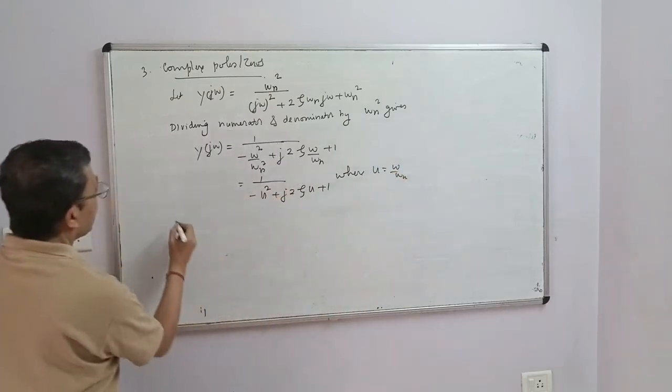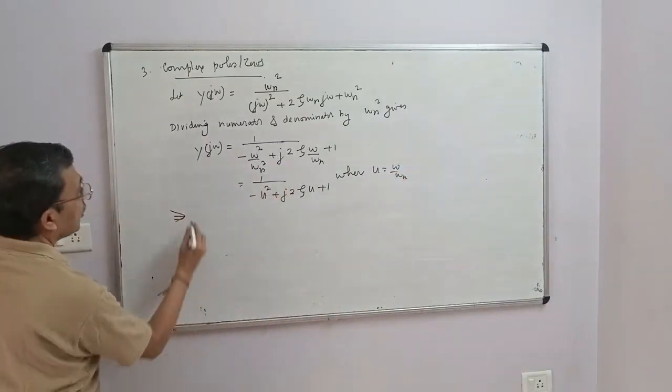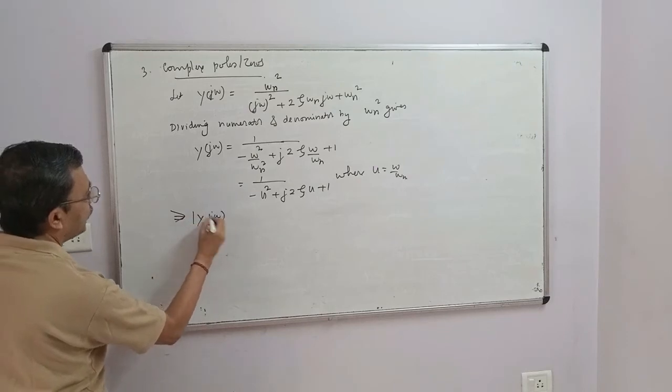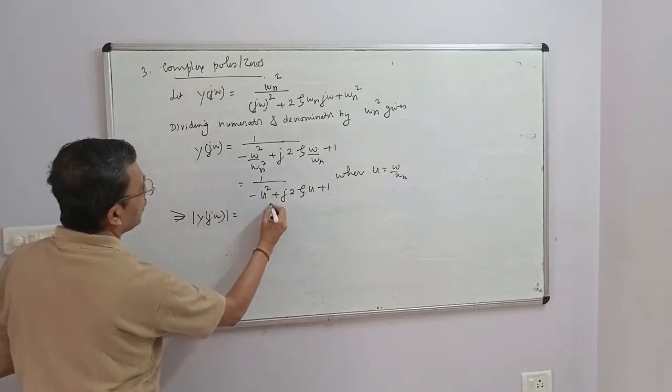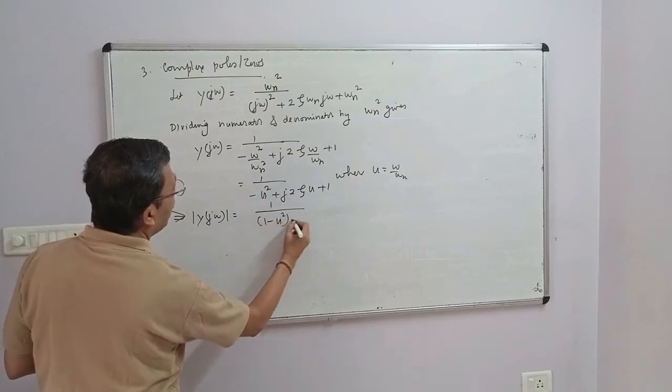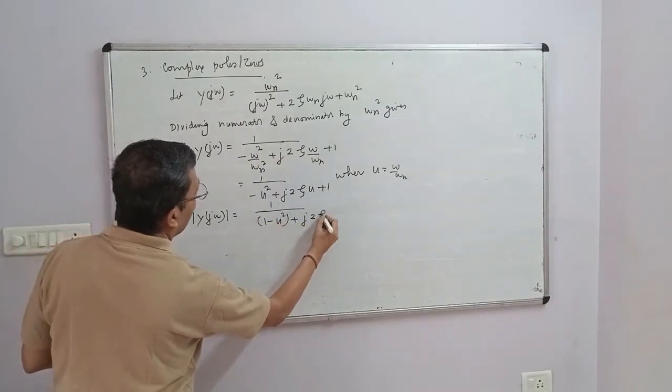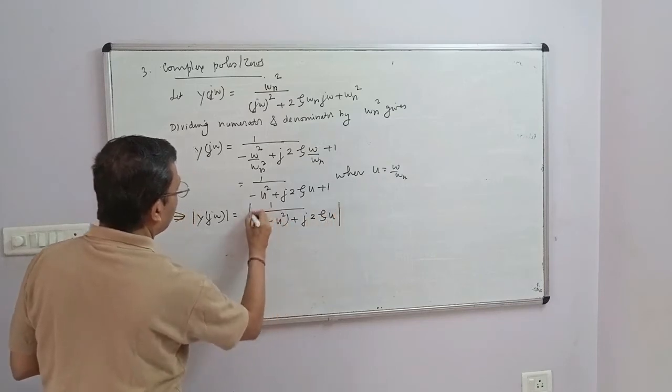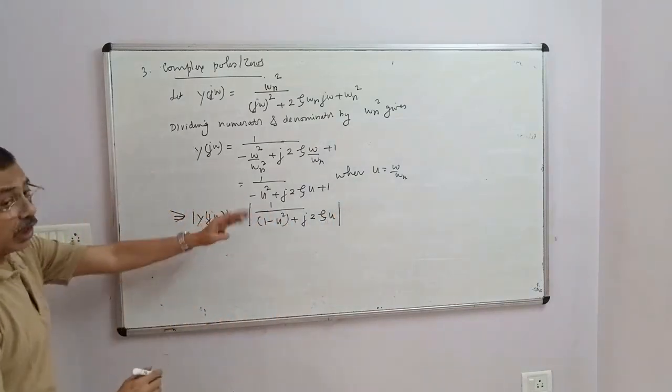This in turn implies what is the magnitude of y of j omega? Nothing but modulus of 1 minus u square is the real part, imaginary part is 2 times zeta into u, modulus of this. We'll take 20 log on both sides.